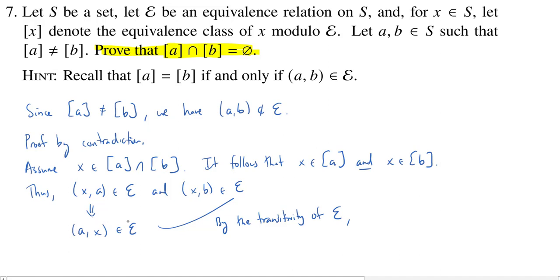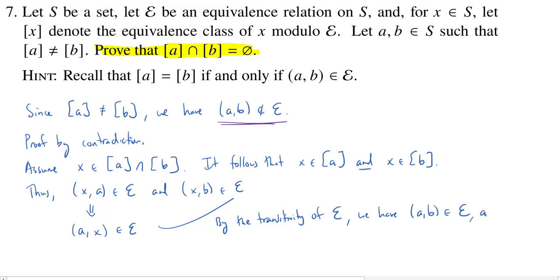Well, if (A, X) is in E and (X, B) is in E, then we know that (A, B) is in E. And this is a contradiction because look at what we had up above: (A, B) is not in E because A and B are not the same equivalence class.